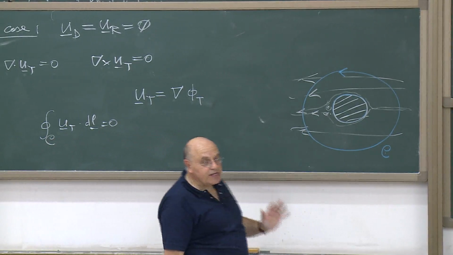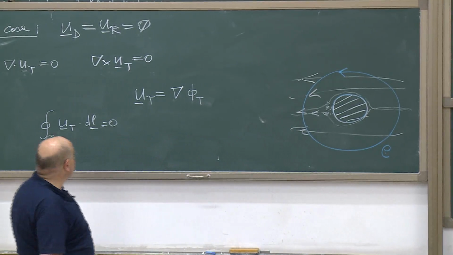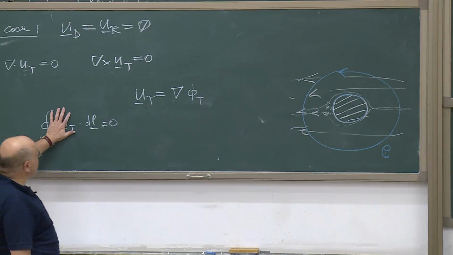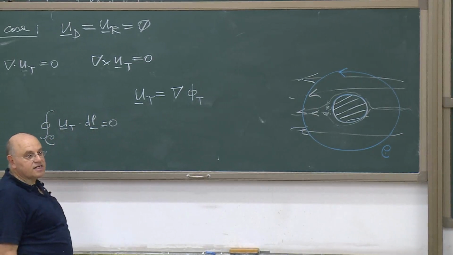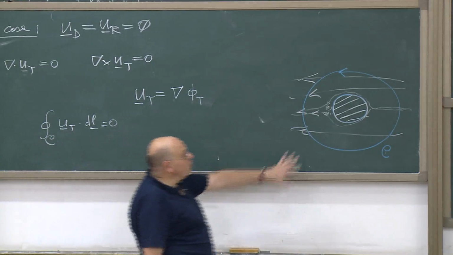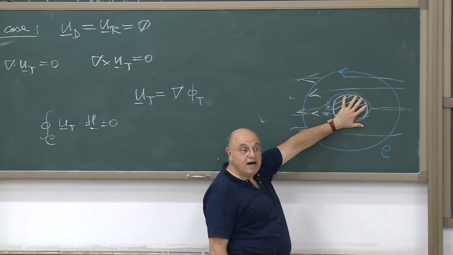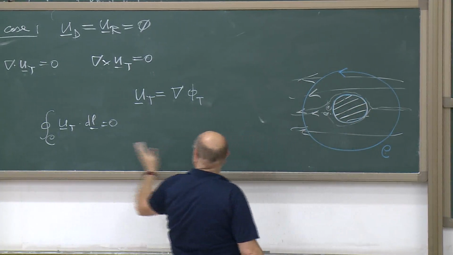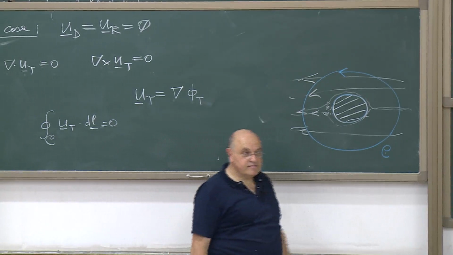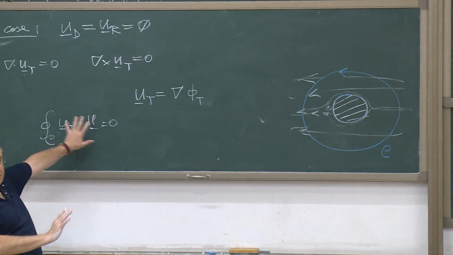So the only way to come up with a solution is to say that u_T satisfies this relation only in one case, when I have no pillars in the fluid. If I have a pillar in the fluid, I need some other velocity, because this is not enough. There is an inconsistency if I assume that there is only this velocity field.